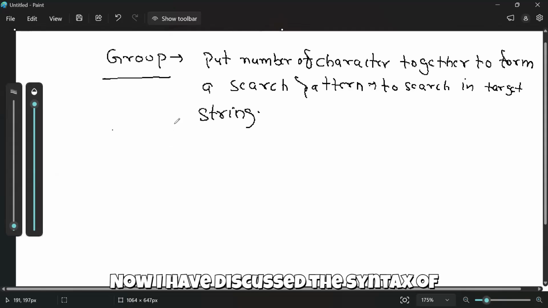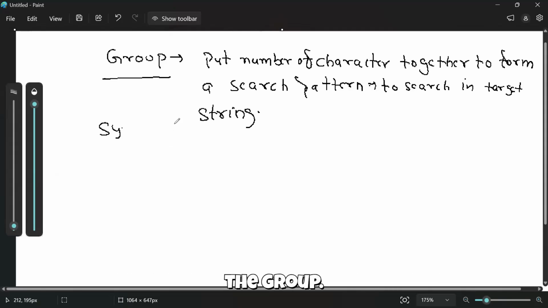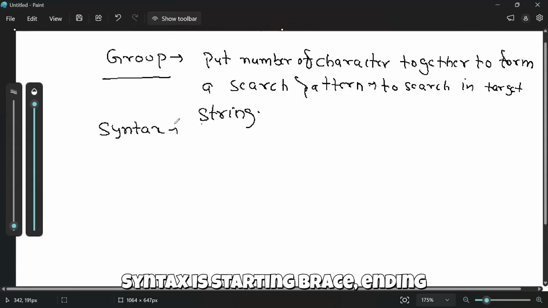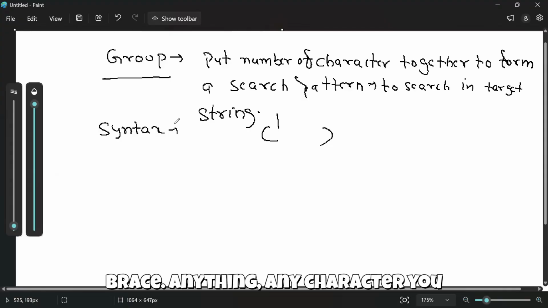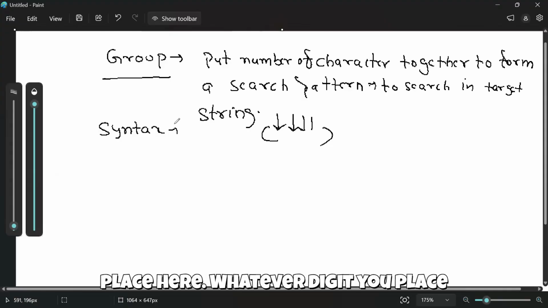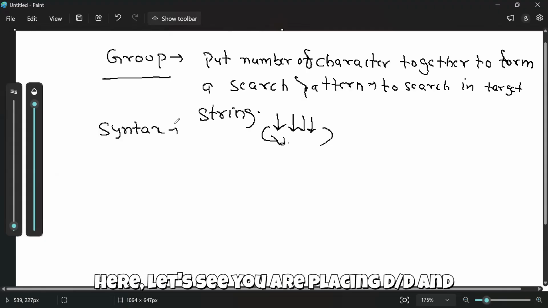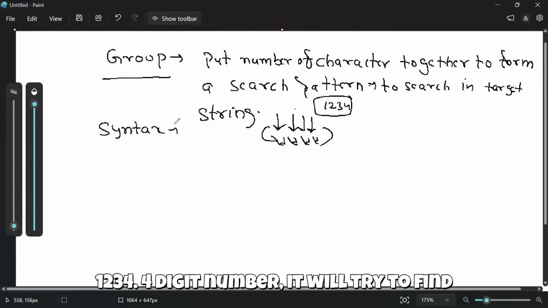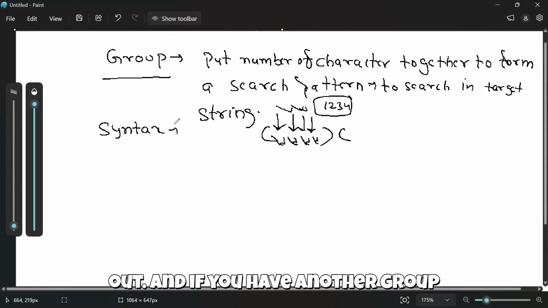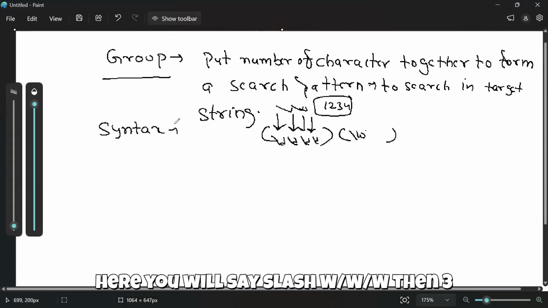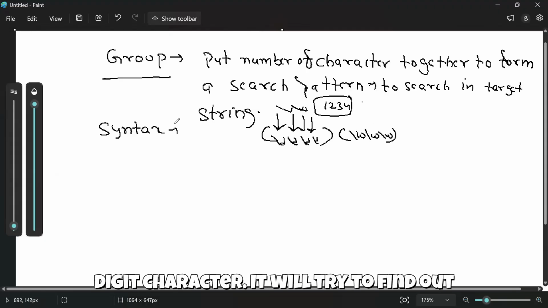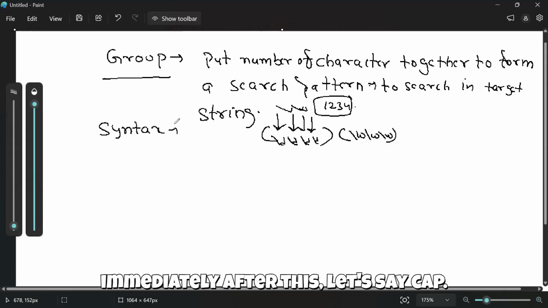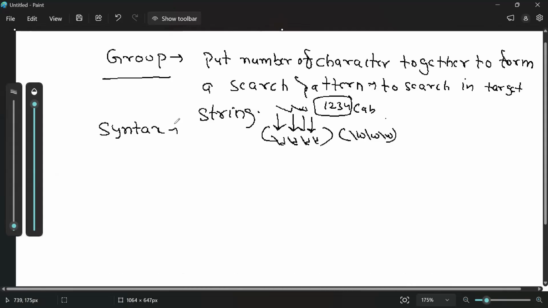Now, I have discussed the syntax of the group. Syntax is a starting brace, an ending brace, and any character or digit you place inside. Let's say you are placing backslash D four times, 1, 2, 3, 4. A 4-digit number it will try to find out. And if you have another group here, you will say backslash W, backslash W, backslash W. Then a 3-character word it will try to find out immediately after this, let's say cab.